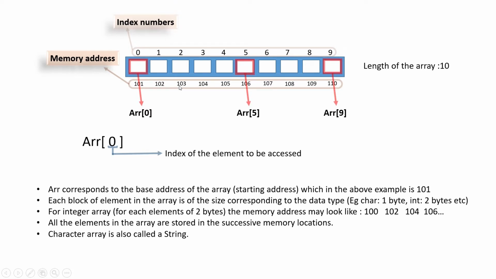Otherwise, if each element is of 2 bytes, the memory address would look like 100, 102, 104, 106, and so on. All the elements in the array are stored in successive memory allocations. There is a special case for the character array. Character arrays are also known as strings.